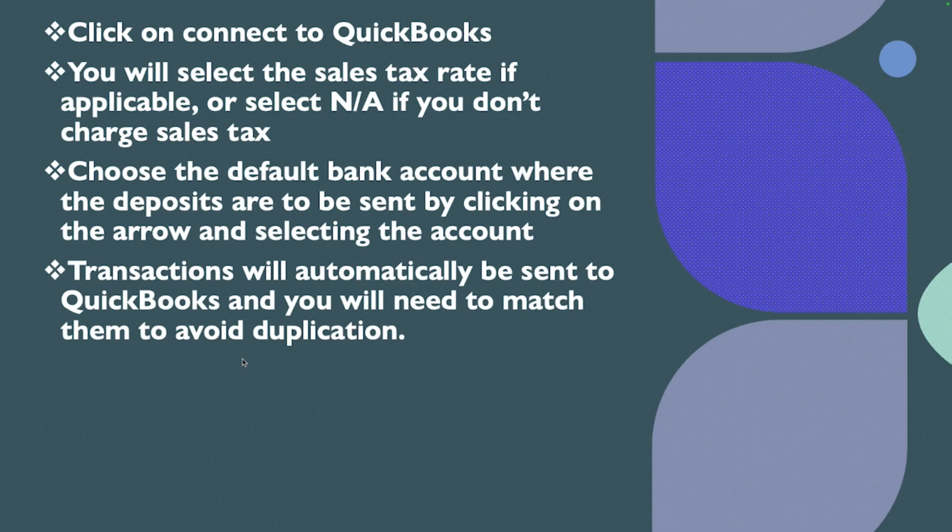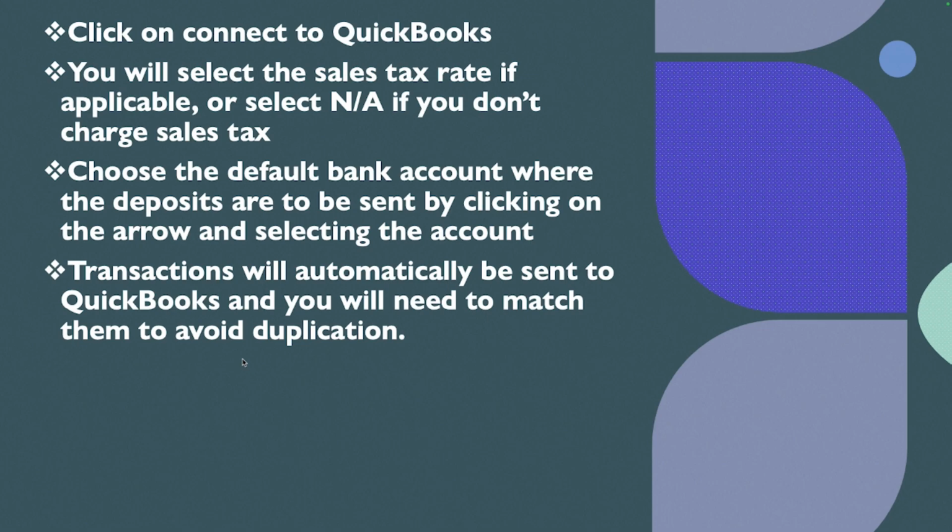You will select the sales tax rate if you charge sales tax for your services, if it's applicable. If not, you're going to select NA if you don't charge sales tax. Now, keep in mind that when you're doing integration, you always hear about mapping, right? One of the things that is important about this mapping is that your products and services need to match.